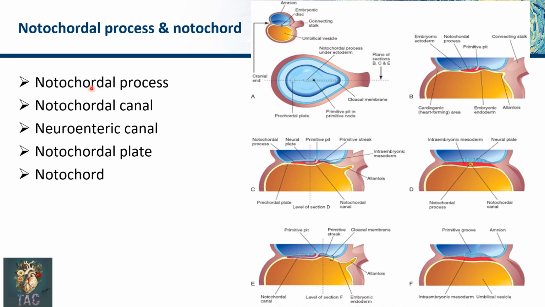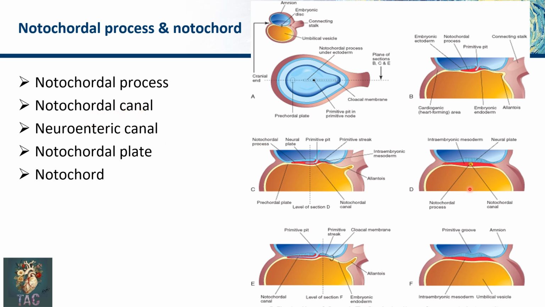So you must remember, first of all, the notochordal process is formed. Later on, the canal of the primitive pit also enters into the notochordal process, and then the notochordal canal is formed. So after the notochordal process, the notochordal canal will form.